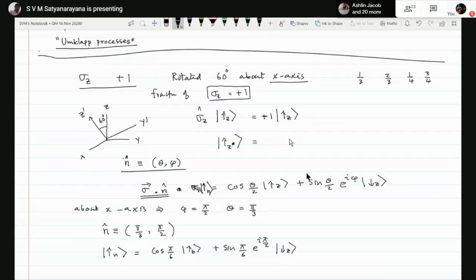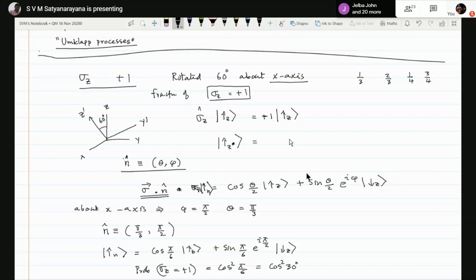Now you ask the question, what is the probability that after the rotation you will find sigma z equal to plus 1? It is given by cos square, basically cos square of 30 degrees, I guess.